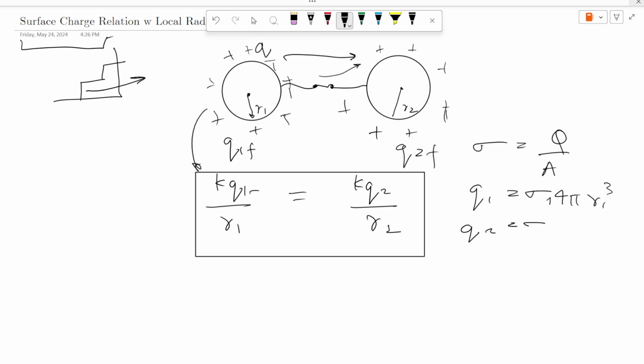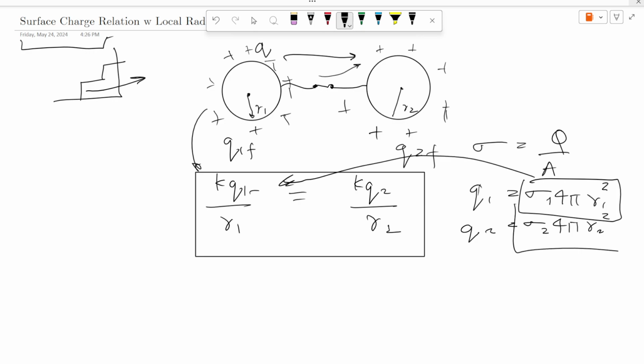Similarly we can do this for the second charge, and it becomes 4 pi r2 square. So we have the charges in terms of surface charge distributions. Now we can put these into the potential expressions.